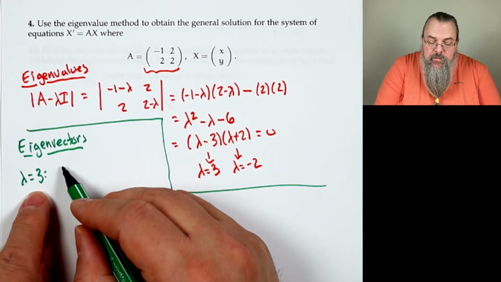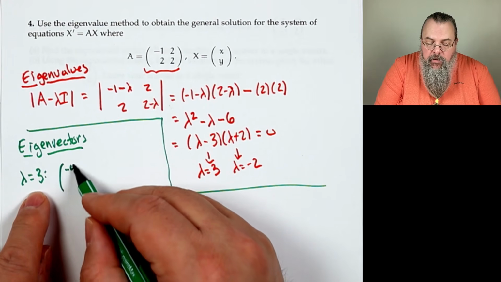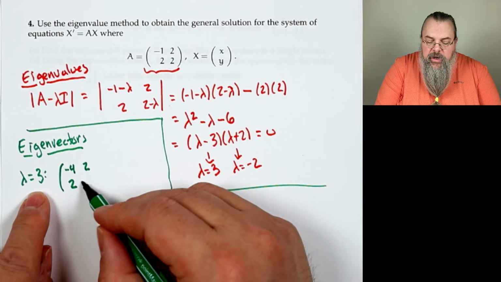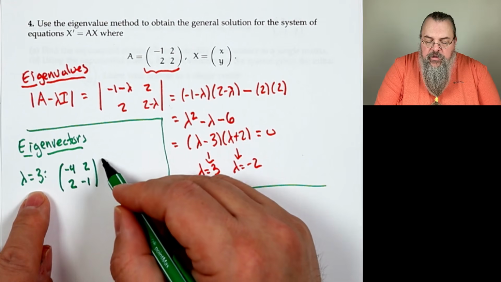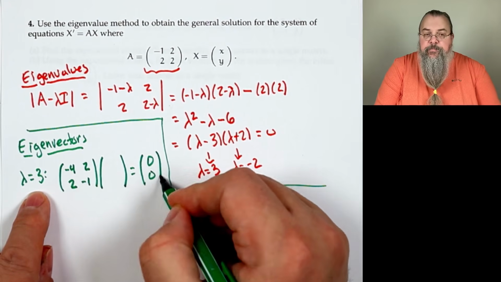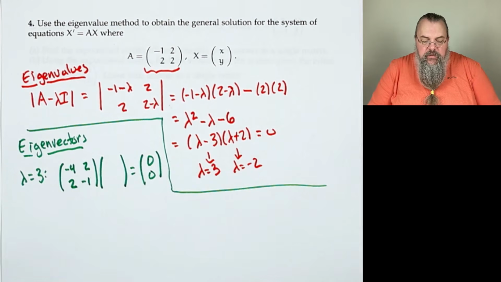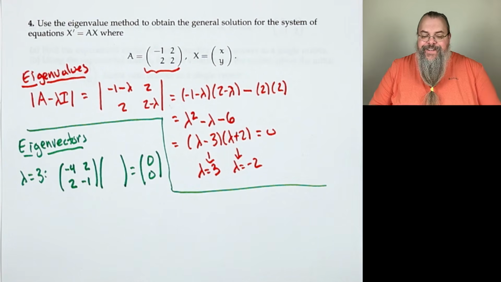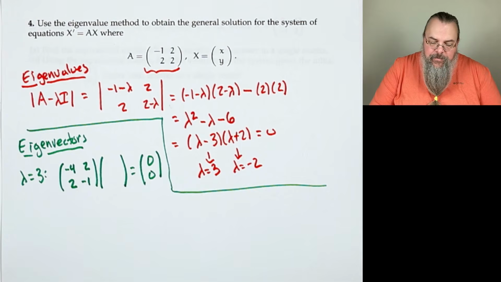So minus 1 minus 3 is minus 4. 2, 2. 2 minus 3 is minus 1. I have to multiply that by something and get out 0, 0. So the thing is, your eigenvector is this something. So that's what we're looking for.